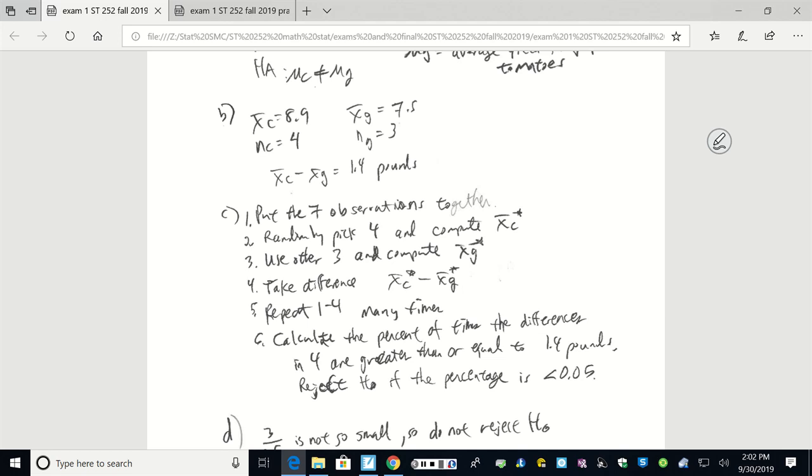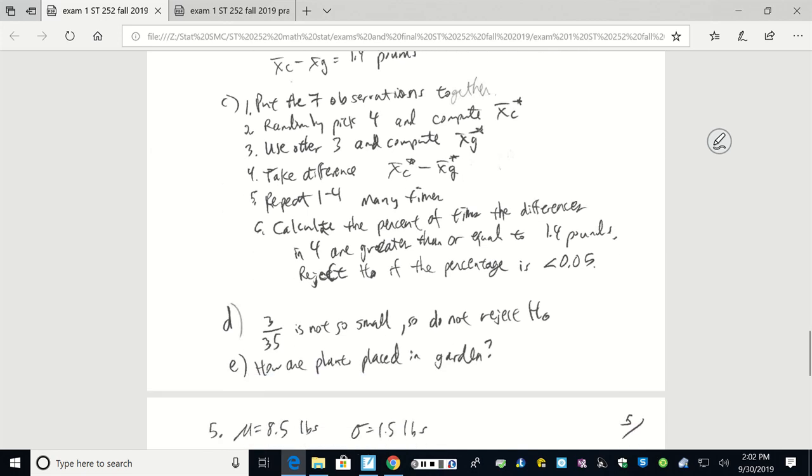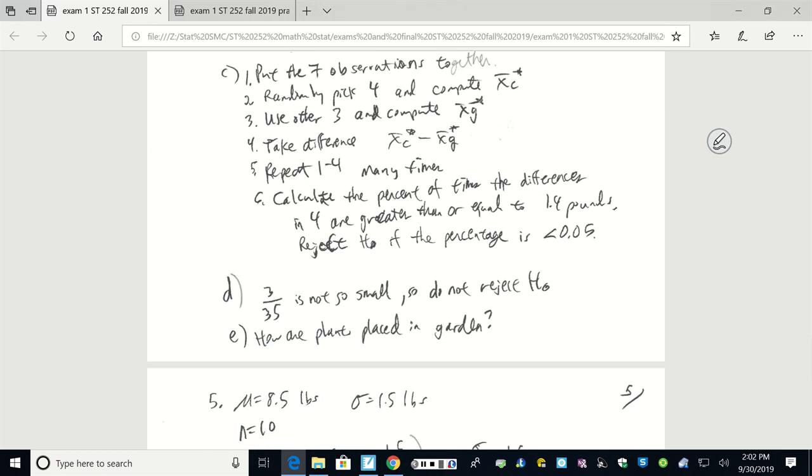Yep. For this one. And then we reject the null hypothesis if that percentage is small, like less than 0.05. And in this case, there's 3 of them that are 1.4, and then two that were bigger than that.